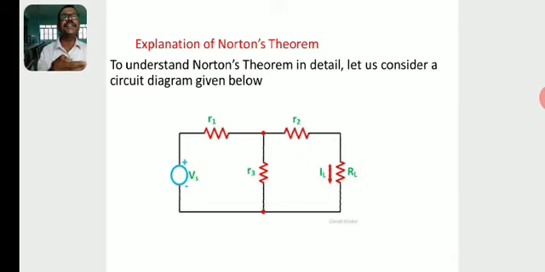To understand Norton's theorem in detail, let us consider the circuit diagram given below. Again, just see the resistors R1, R2 and R3, all connected in the circuit. There are two sources, VS, a voltage source, and a current source, and the current IL flows through the load resistance RL. This is called an electrical network.